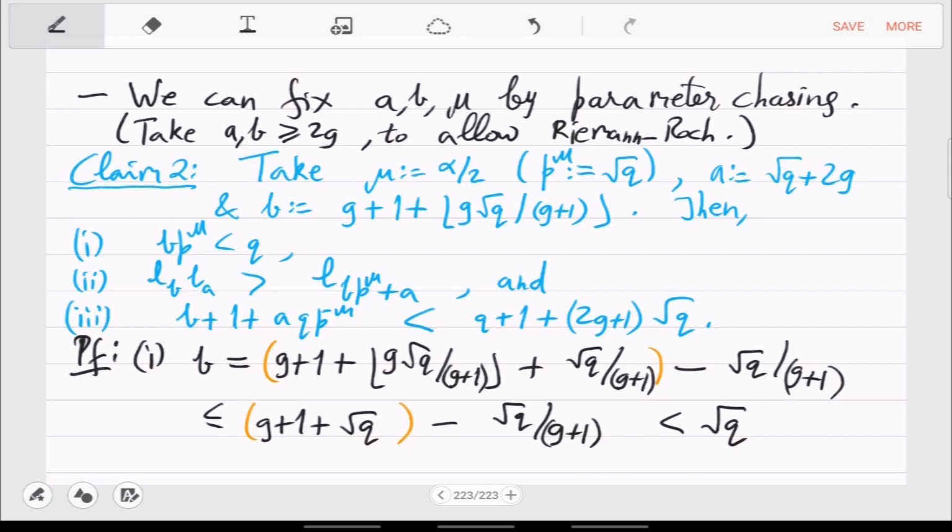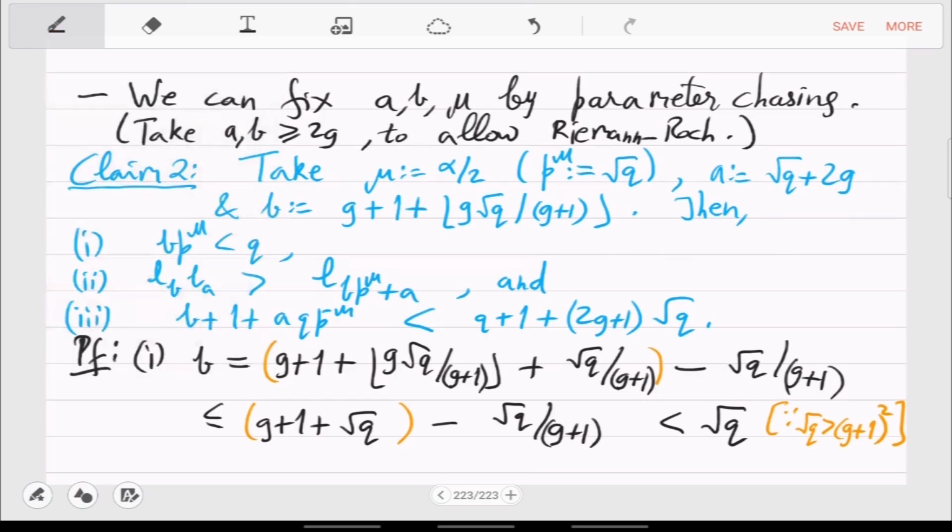We took q big enough, so because of that it's smaller than square root q. Root q is basically greater than G plus 1 square. Right, so this is negative, so you have less than square root q.